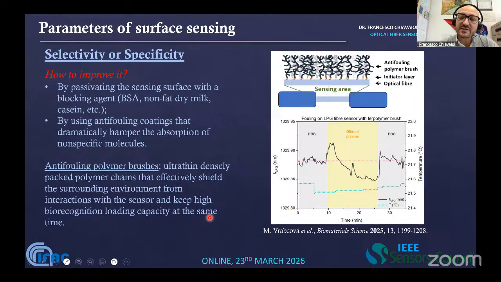One is that they can repel the non-specific molecules by avoiding the adsorption of these molecules into the sensitive region. But they also give an increased number of functionalities where the target molecule can be attached. Here is a proof of concept of how we can improve the device specificity with essentially zero or negligible signal due to the complex matrix of plasma.